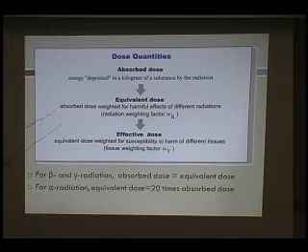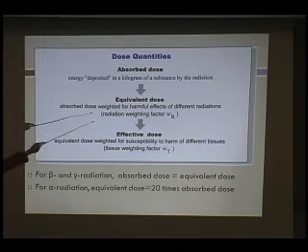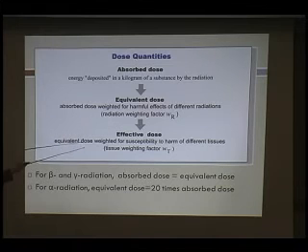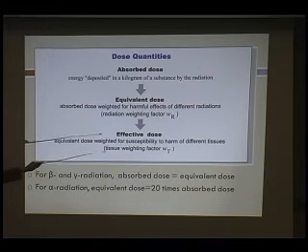But the equivalent dose is actually this absorbed dose, but it's weighted for the harmful effects of different radiations. And then finally, the effective dose, you then take this equivalent dose, and then you weight it for susceptibility to harm of different tissues. Because, and I'll talk about this in the next slide, some tissues are more susceptible to harm than others. So you weight it to reflect that.